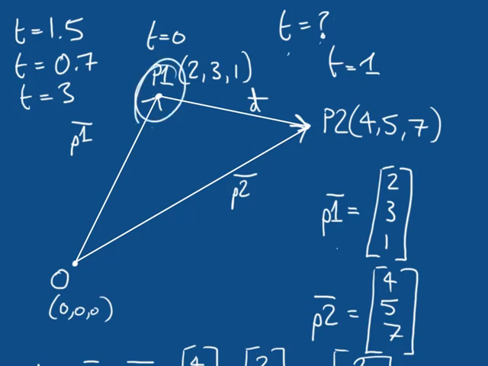Well, if we start our ray at point P1, we know as the ray travels from our eye, from our camera into the scene, it's going to be travelling in the positive direction of D. That means when we start at the camera, we have a parameter of 0, and the further we travel into the scene, the larger this parameter value is going to be.